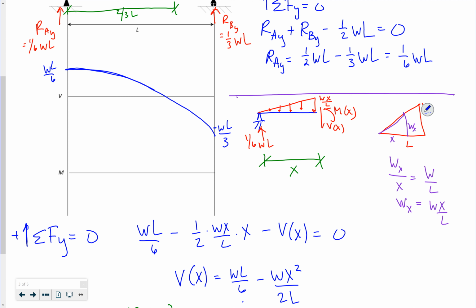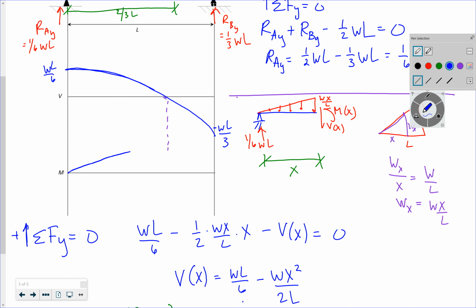And then if I draw my moment function, right, it needs to have a maximum right about where that 0 is. Something like that.